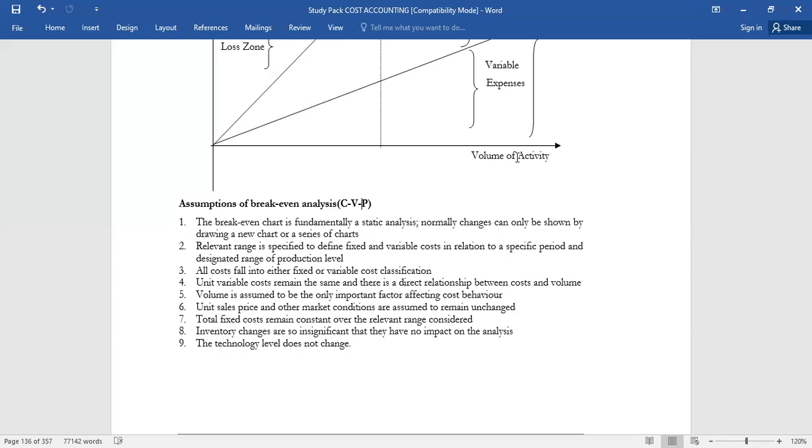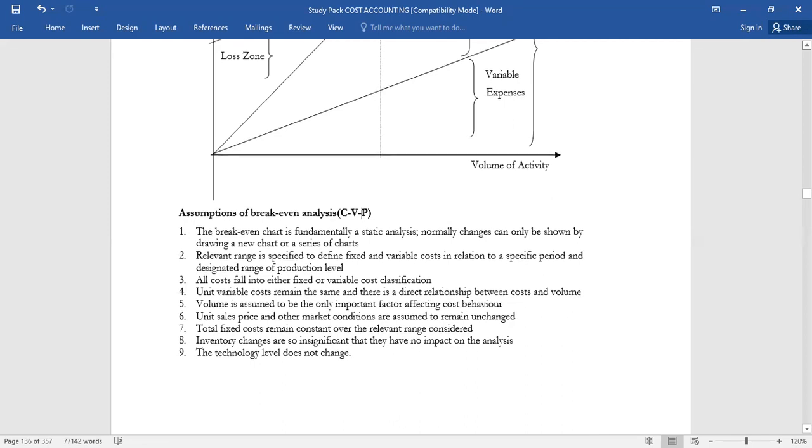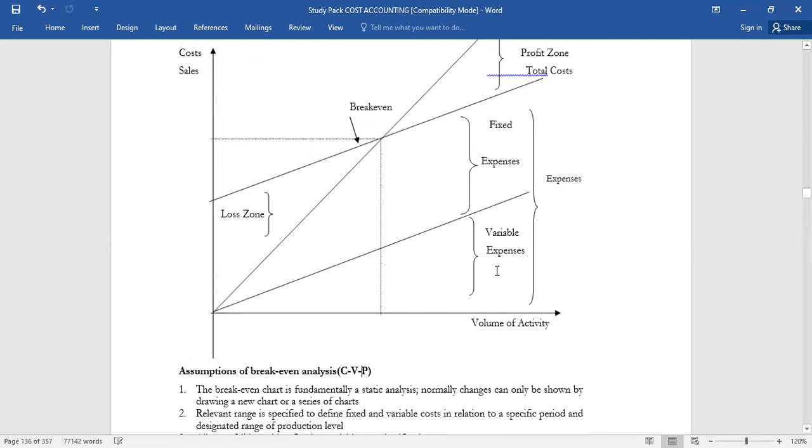They are not changing. Then 5, volume is assumed to be the only important factor affecting the cost behavior. That's why we are calling it CVP, cost volume profit analysis. So we are only playing around with the x-axis, where if, for instance, our volume of activity is machine hours, we expect that if we increase the machine hours, we are going to produce more.